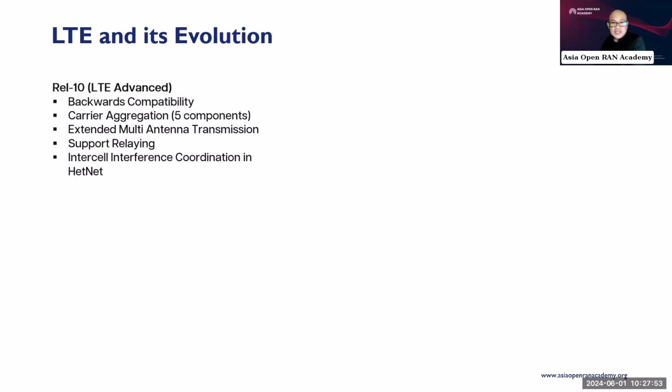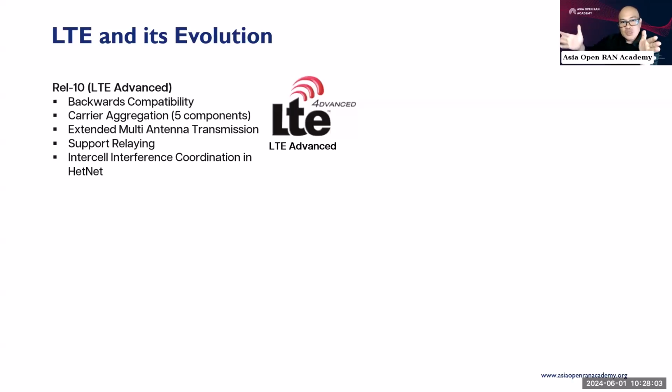And ang carrier aggregation nito is up to 5 components, sorry. 5 components. So meaning up to 20 megahertz. So essentially, you will have 100 megahertz bandwidth using the carrier aggregation. And then you have an extended antenna, multi-antenna transmission up to 4x4 MIMO.